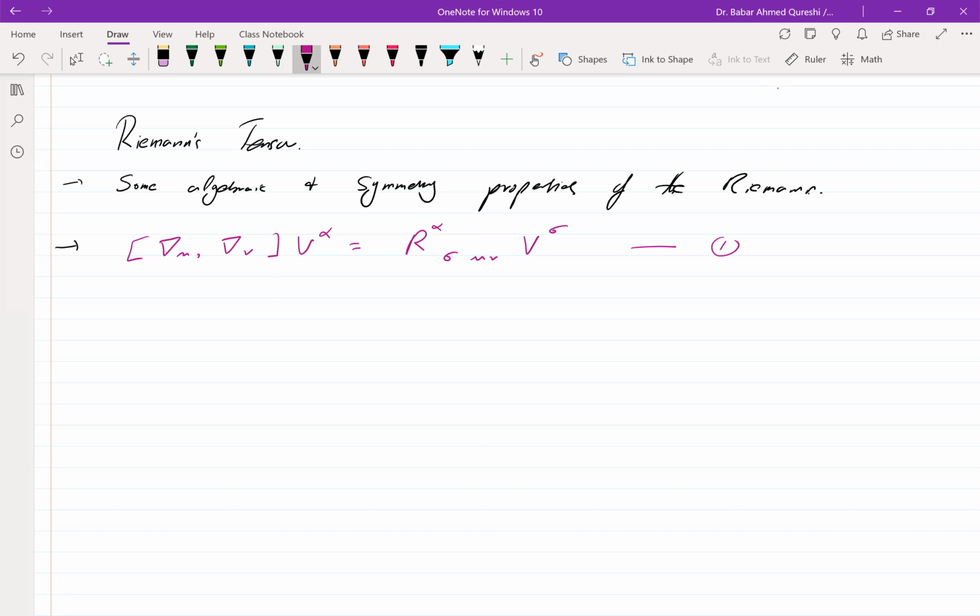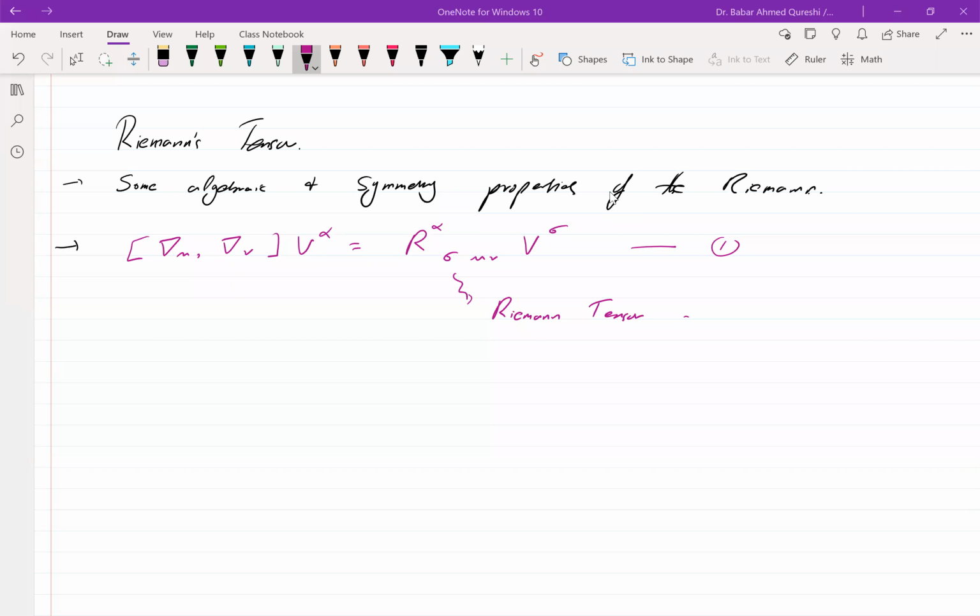And this is then the definition of the Riemann tensor.